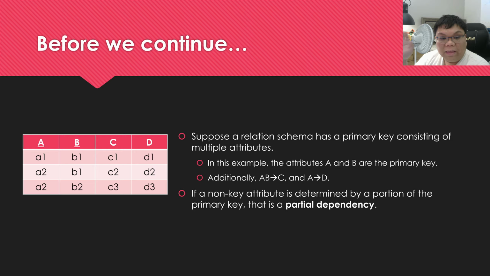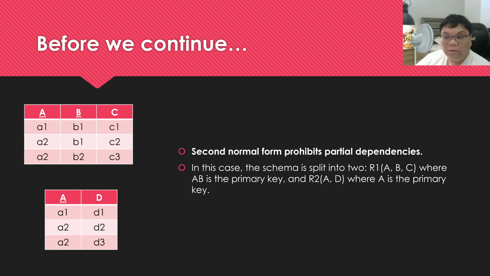So let me repeat. If a non-key attribute is determined by a portion of the primary key and not the whole primary key, that is a partial dependency. We have the whole key, we want to use the whole key. If we can't do that, we just break up the table into two smaller ones, for which the entire key is used to determine all non-key attributes.